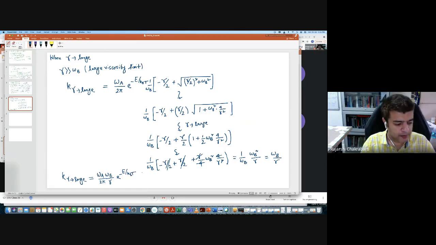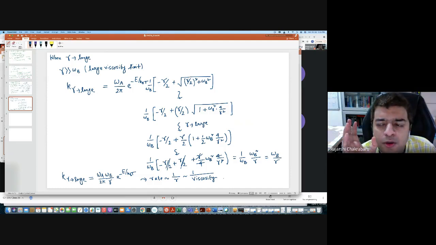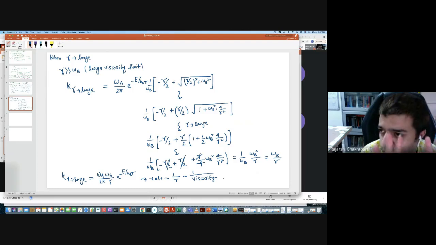So the rate is inversely proportional to 1 over gamma, that is, 1 over viscosity. This is expected because as you increase the viscosity, your rate should decrease.